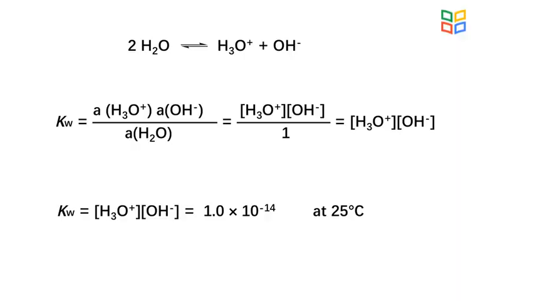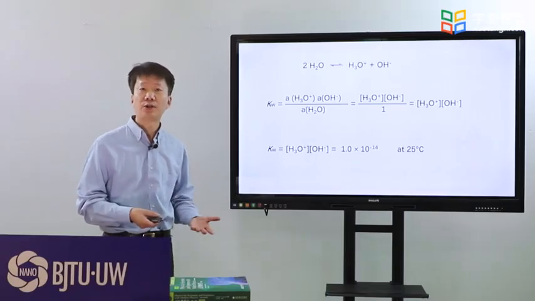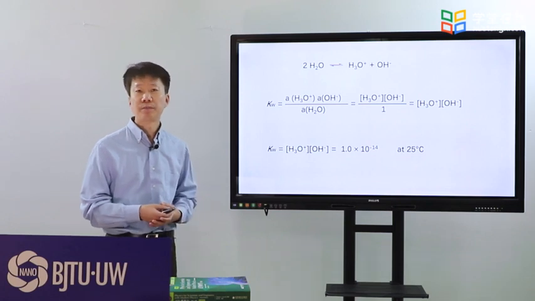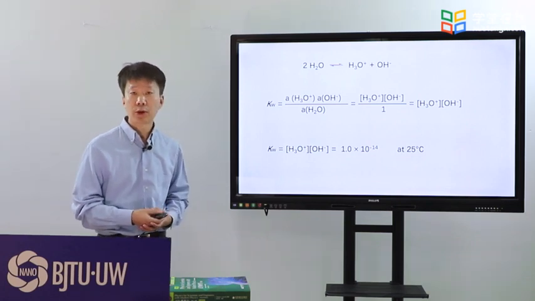Now, let's write down the equilibrium constant for the self-ionization of water. Kw, W for water, equals the activity of a proton times the activity of OH- divided by the activity of water.